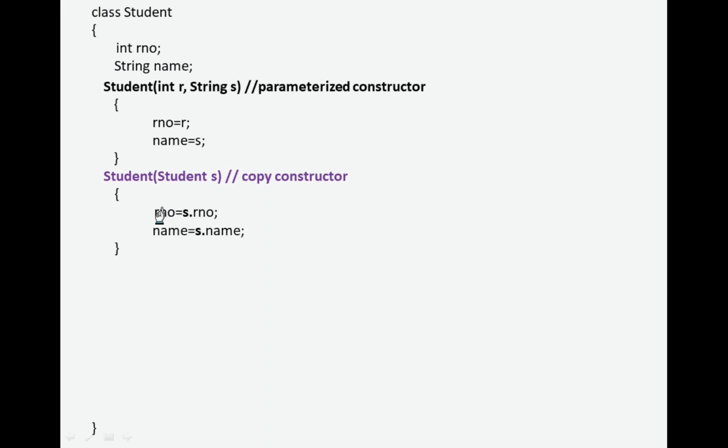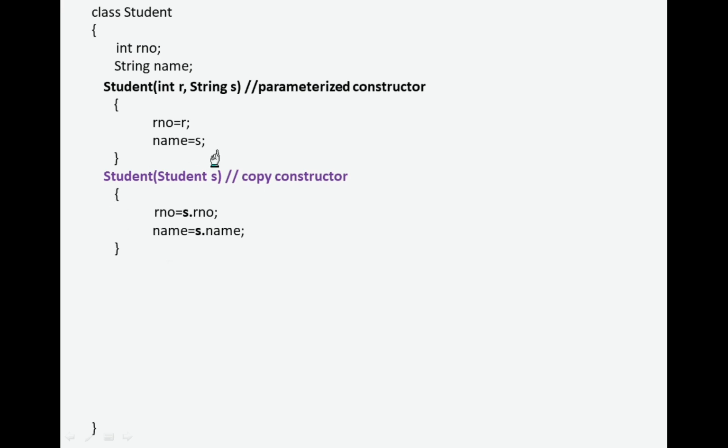Here, for RNO, we are assigning S.RNO. S is an object, so how can you invoke the member variables? Through the object name. So S.RNO is assigned to the variable RNO, whereas S.name is assigned to the member variable name.